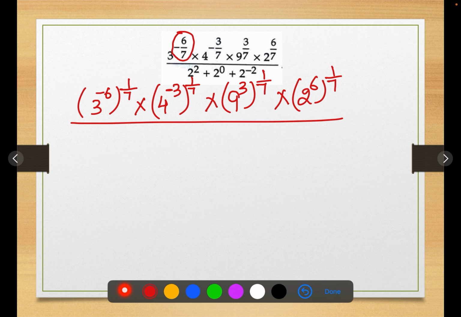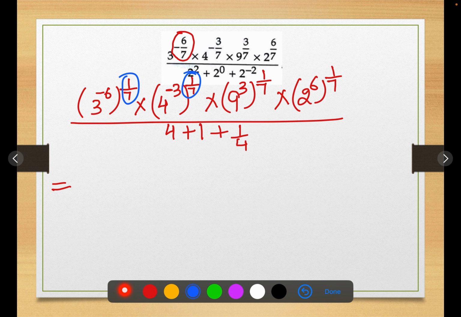Upon. Here I can see in the denominator there is a plus sign, so no rule can be applied here. I'll simply solve it: 4 plus 1 plus 1 upon 4. Right. Now moving on to the numerator again. What is common here?